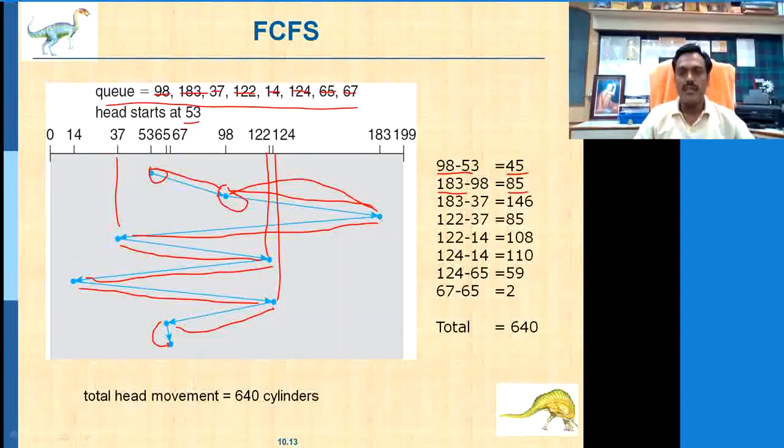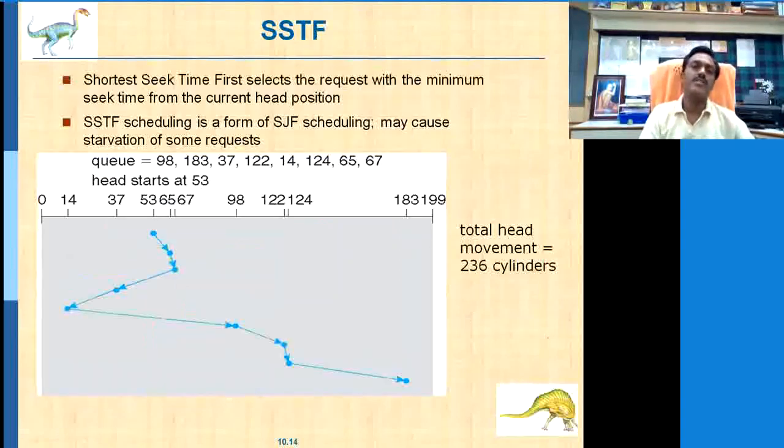Then it goes from 183 to 37, so 183 minus 37, it is 146. Likewise, if you compute the total head movement over the cylinders, it comes out to be 640.